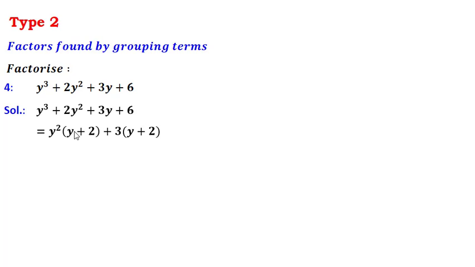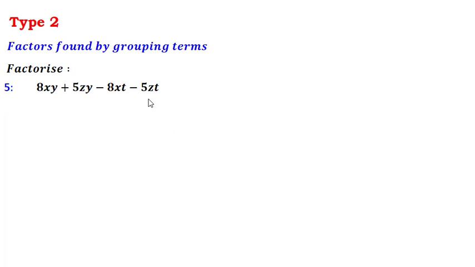Now I will take (y + 2) common. After taking (y + 2) common, I have y^2 here and 3 here. So (y + 2)(y^2 + 3) are the factors of y^3 + 2y^2 + 3y + 6.